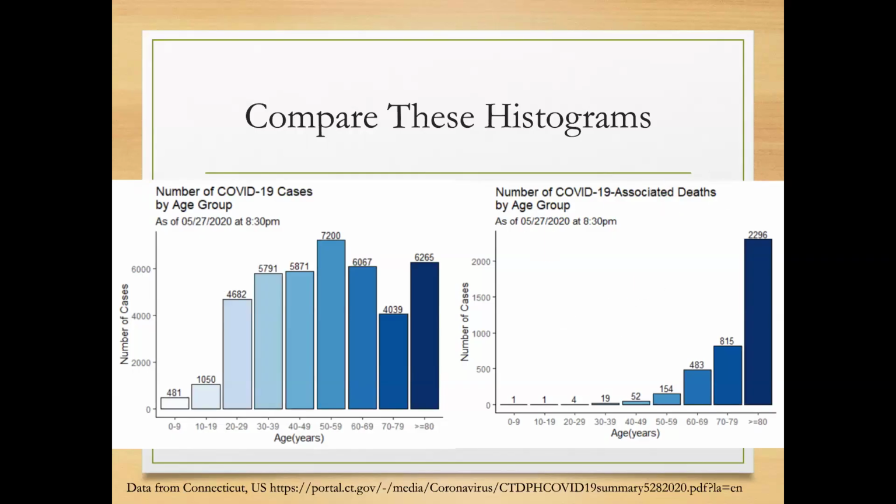All right, and these data are from 2020. And look at the distribution patterns on the graph on the left, the cases, and on the right, the deaths, and practice describing them. Pause the video. And then once you are ready, start it up again and you can check and see if you are correct.